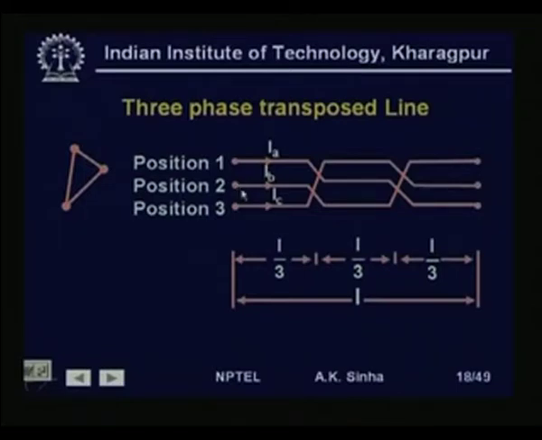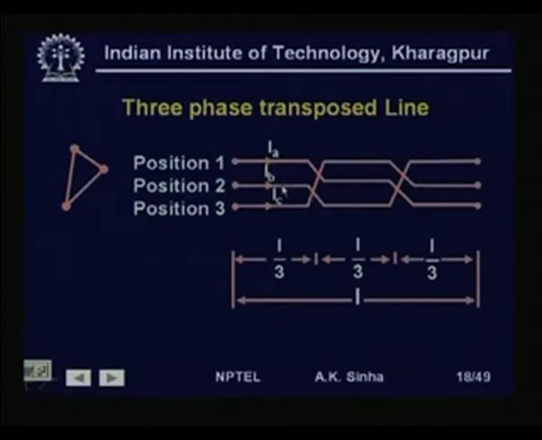Similarly, the conductor of phase B goes through this position for 1/3, goes through the position of C for the next 1/3, and goes through the position of A for the next 1/3, and so on.